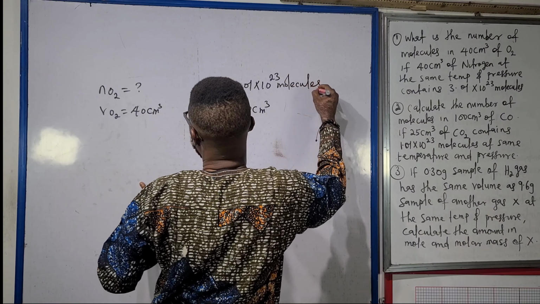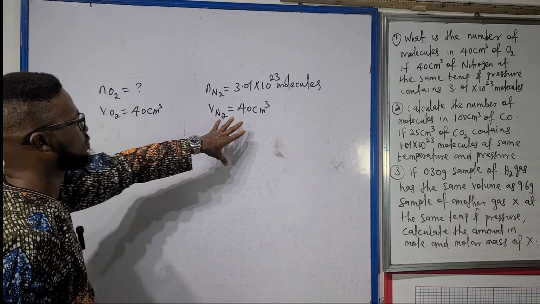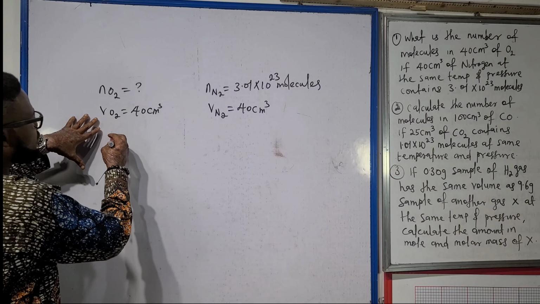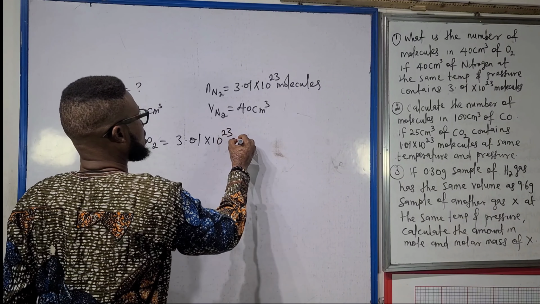Looking at the question, I have 40 cm cubed of nitrogen containing this. So if the volume of oxygen here is 40 cm cubed, just applying Avogadro's law directly, the number of molecules of oxygen here is going to also be 3.01 times 10 raised to power 23 molecules.